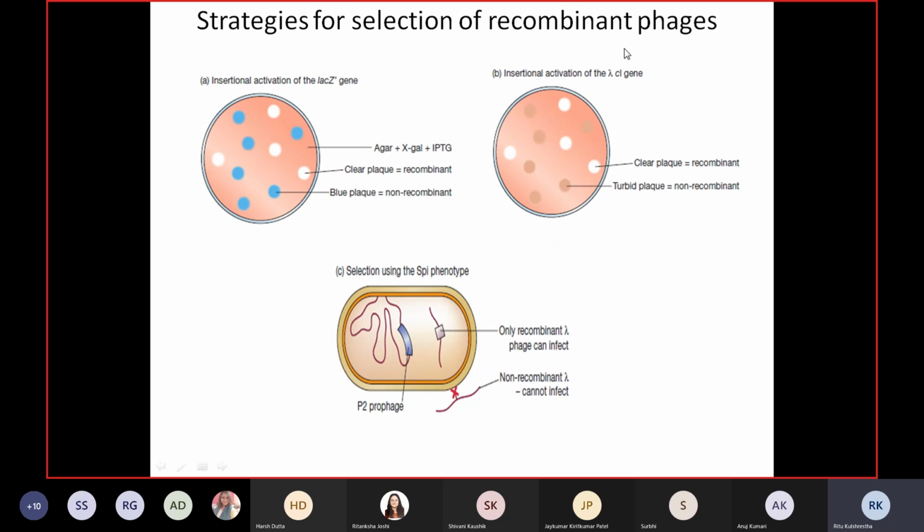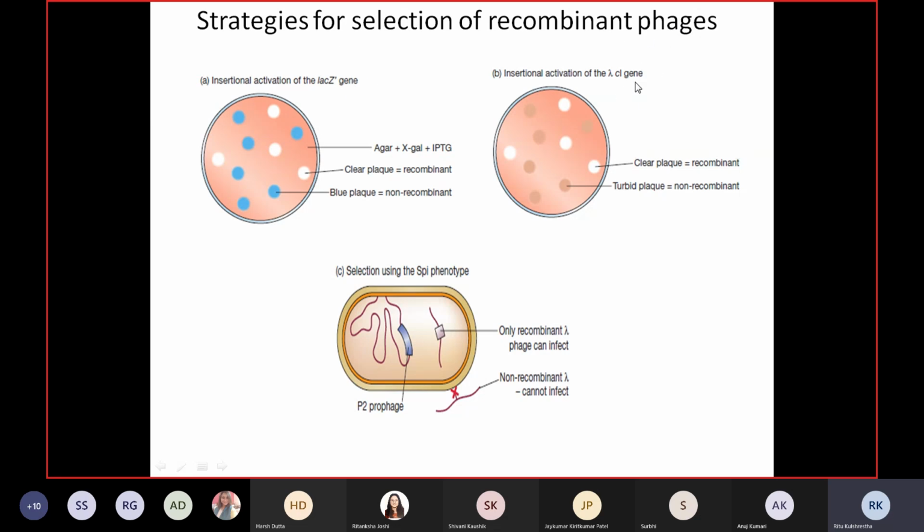Again, I've told you about the phage vectors, and I've already told you of two methods of selection, or screening, of recombinant phages. One is by using lacZ and one is by using the cI gene.